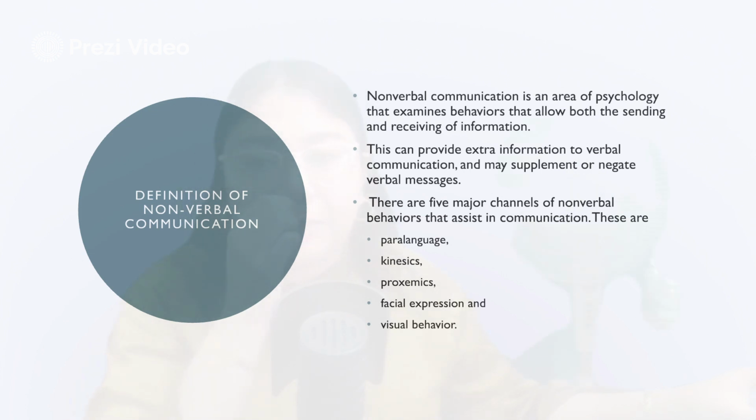Like I mentioned just now, sometimes it is good for us to supplement our verbal language with non-verbal language, for example, facial expression and hand gestures, because it can provide extra information. What kind of extra information? Maybe it comes in the sense of emotion.